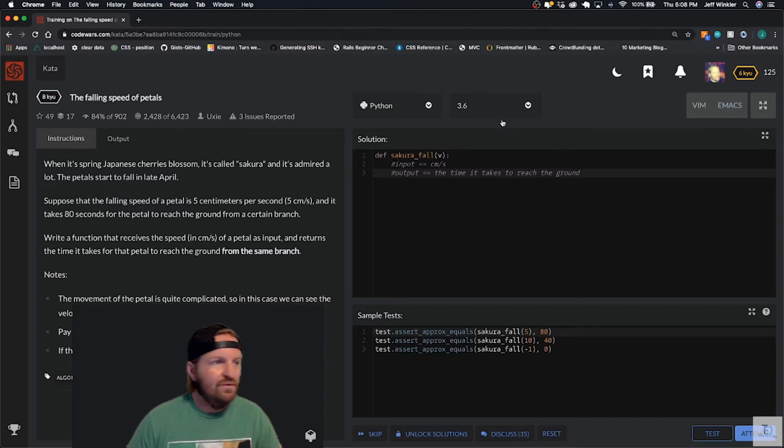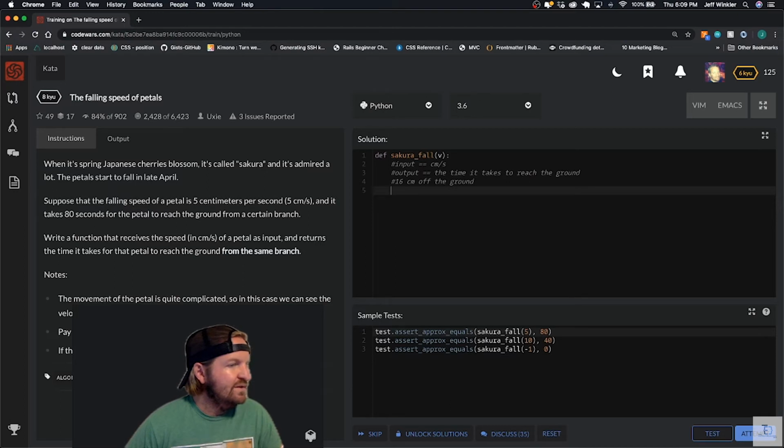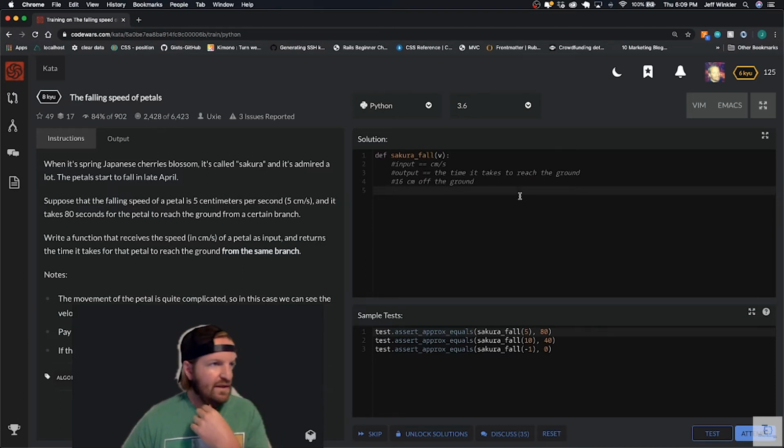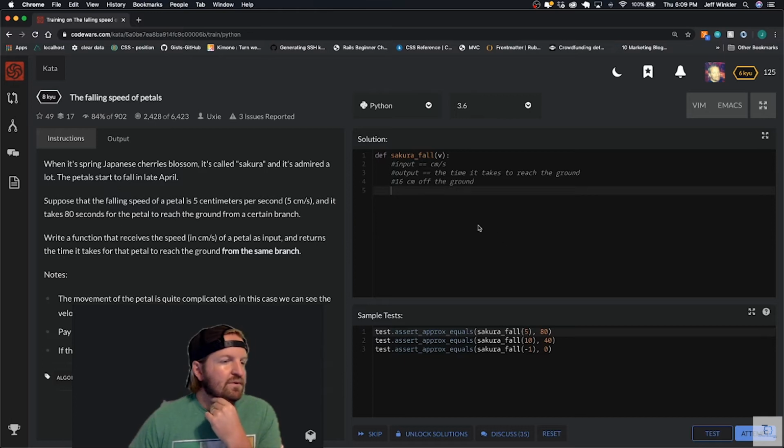So we know it is 16 centimeters off the ground. Alright, write a function that receives this speed. So that's basically what we're going to do, is what we just did.